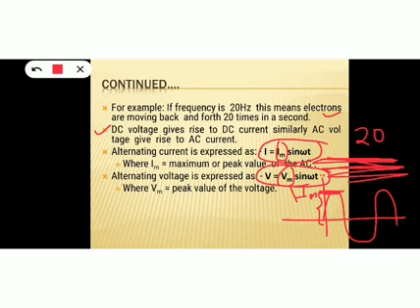So if we plot voltage along the y-axis, then this value represents the peak value of voltage, that is Vm. Okay, so you must remember both the expressions. Im sin omega t means AC current and Vm sin omega t means AC voltage or alternating voltage.